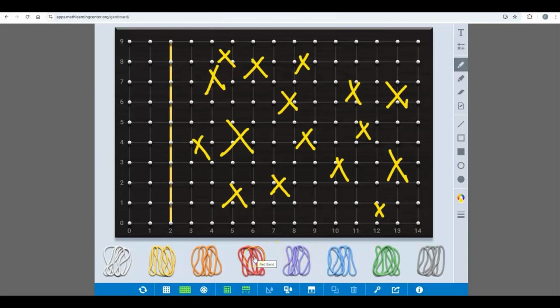So we need to draw the line y is equal to 1 by stretching our rubber band from 0, 1 horizontally across. Now to represent this region, we are going to shade above this red line because in this region, all coordinates would have a y value greater than or equal to 1.